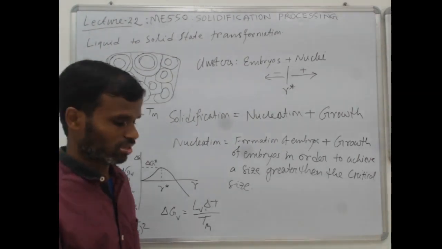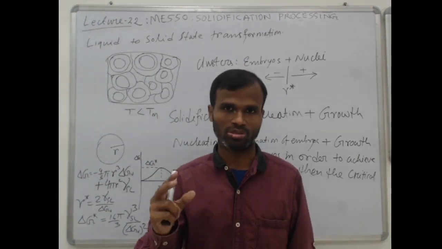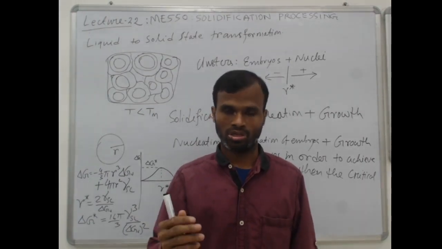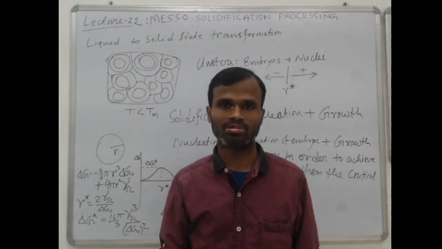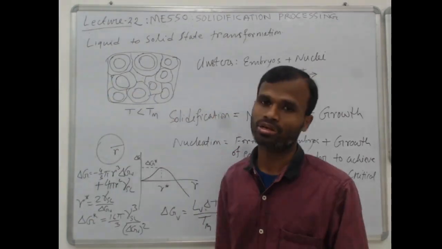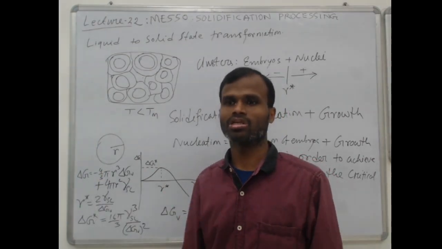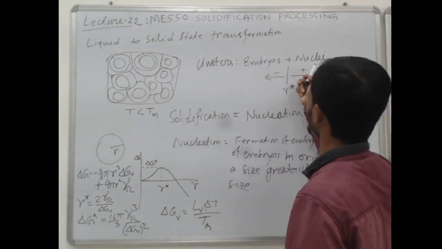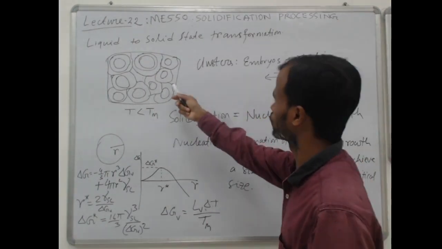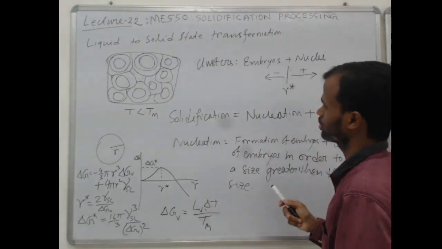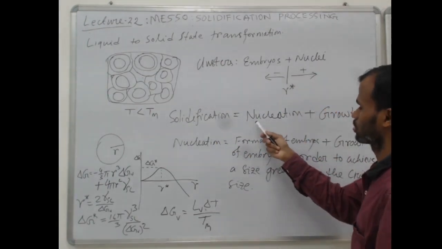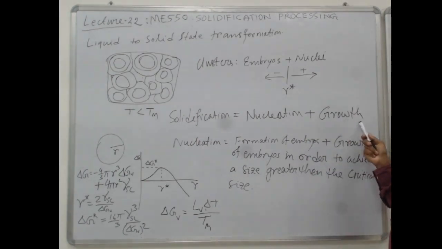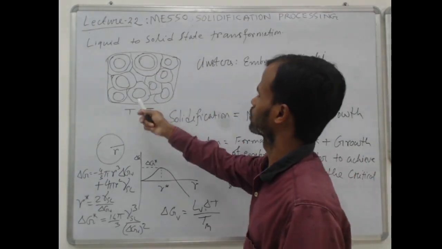So in brief, what we can say is that during nucleation, due to thermal agitations, a large number of clusters will be formed. Among those clusters, some will have a size close to the critical size or a little bit greater than the critical size. Those clusters will be called nuclei, and those nuclei will grow. So solidification can be considered a two-step process where nucleation happens and then the growth completes the solidification.